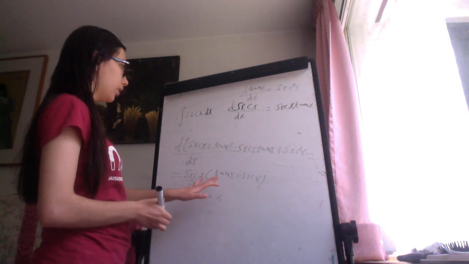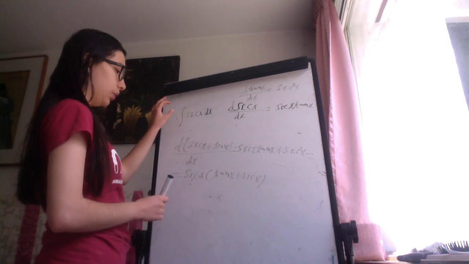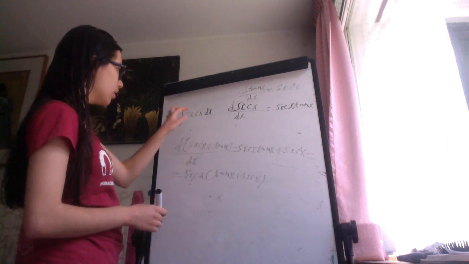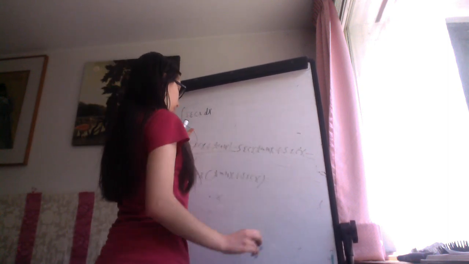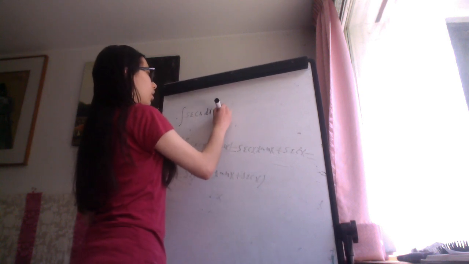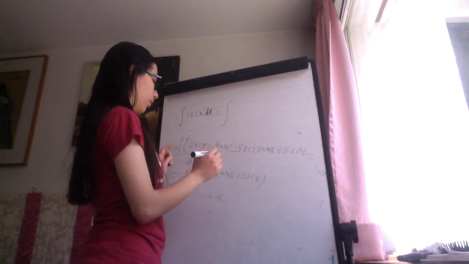Alright, now having this, we are going to manipulate the secant of x in order to use u substitution. So we can put this as the integral of secant x.